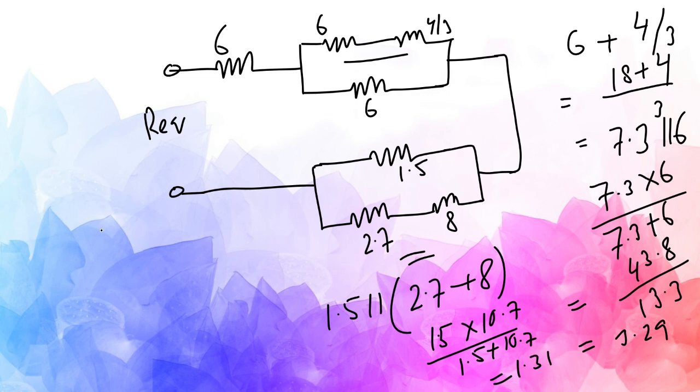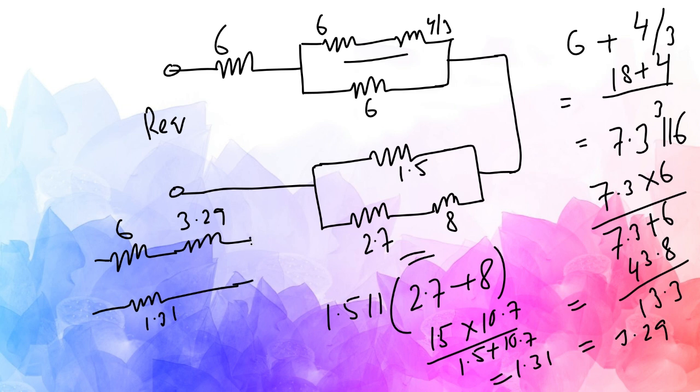Now the circuit has become this 6 ohm, this 3.29 ohm, and this side it has become 1.31. Fine. So what will be the R equivalent now? It is a complete series circuit, right?